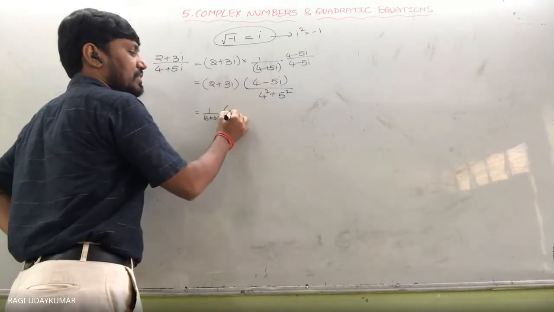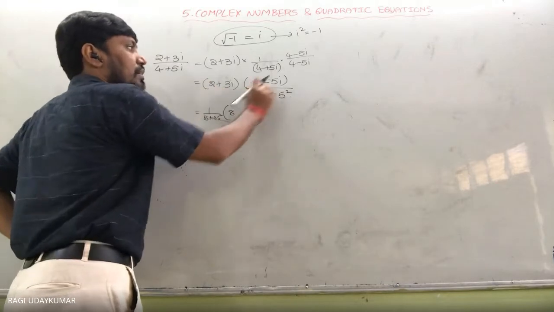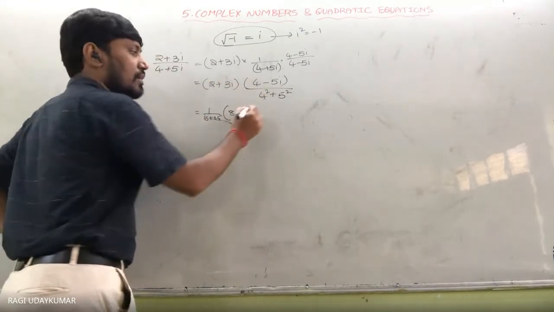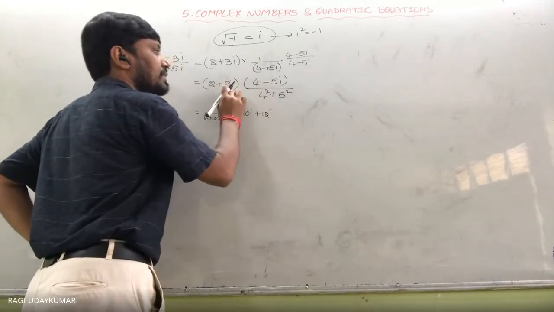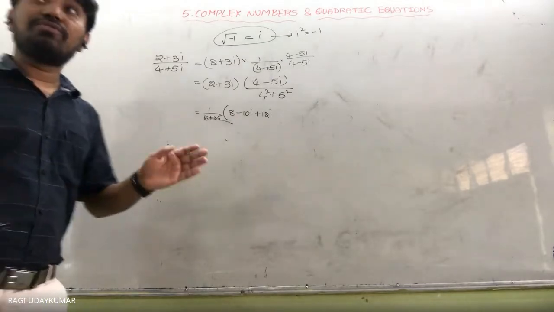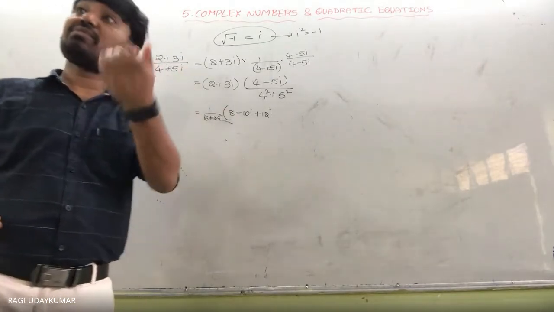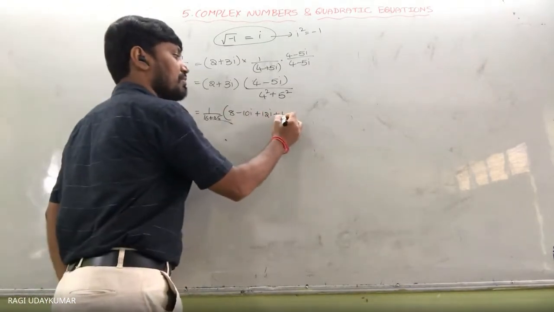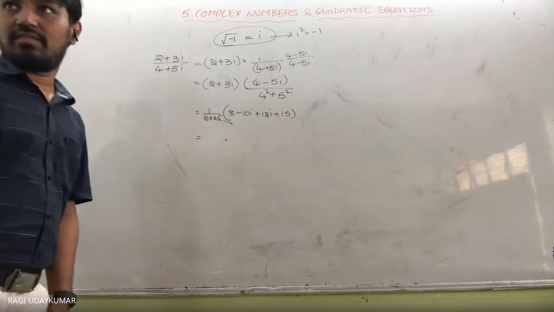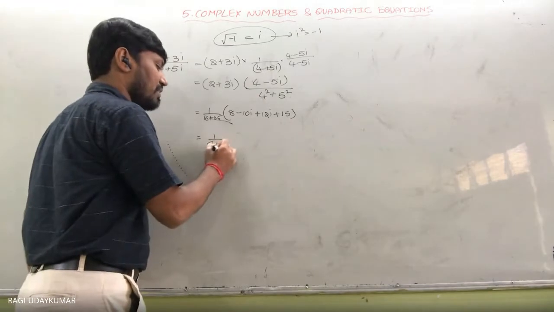2 into 4 is 8, minus 10i, plus 12i. Multiply these two: minus 15 i square. This becomes plus 15. Plus 50, which is equal to 1 by 41 more.